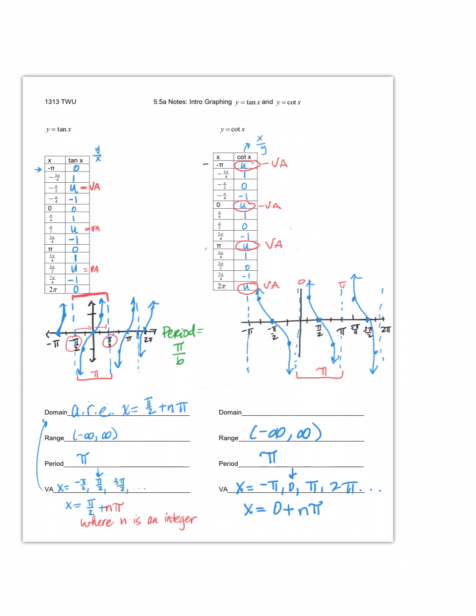So however many periods we want, we could create, right? So then domain, we would say all reals except where x is equal to, and it's totally fine to just say n pi. It is fine here as well, okay? So these are the basics of tangent and cotangent graphing, and we're going to use these to do transformations in the next lesson.